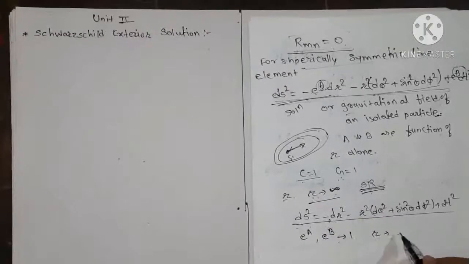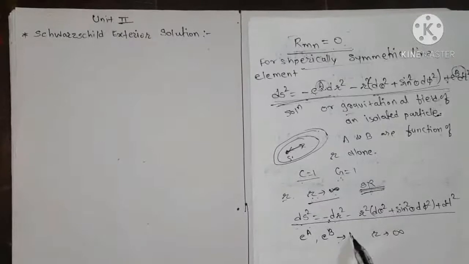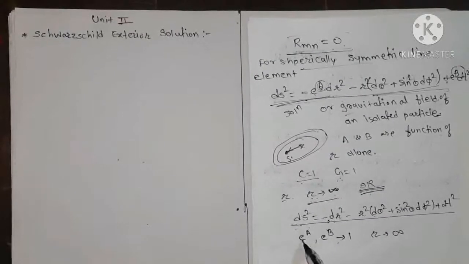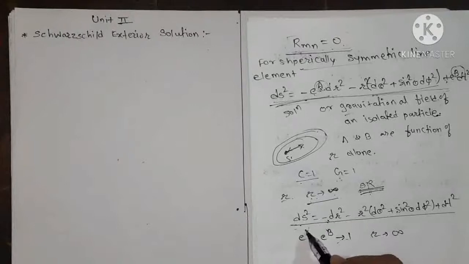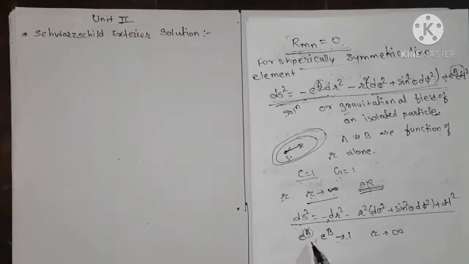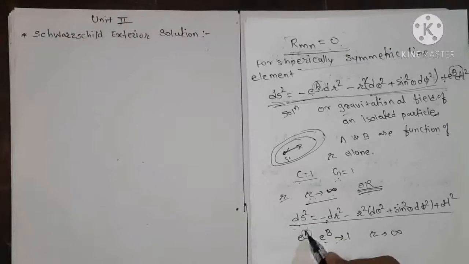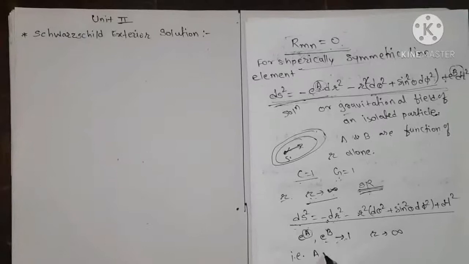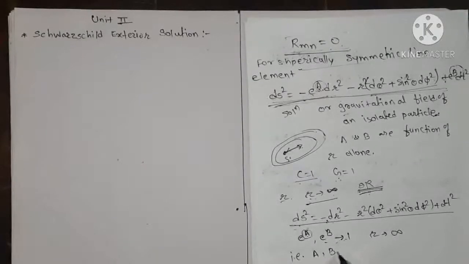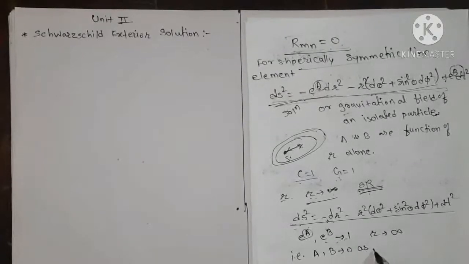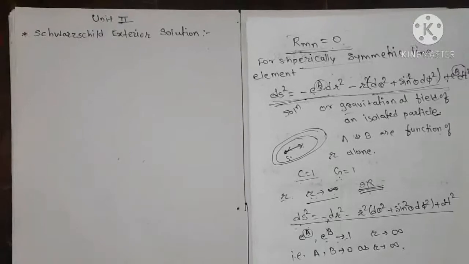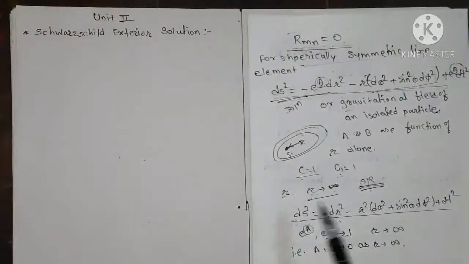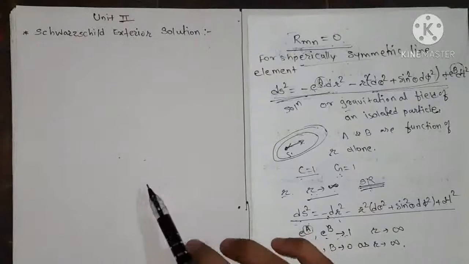And what does this mean? What is the effect on a? So a tends to 0, since e to the power a goes to 1 when a tends to 0. So we can say that a, b tends to 0 as r tends to infinity. So we write all this explanation here, and again I will explain once.